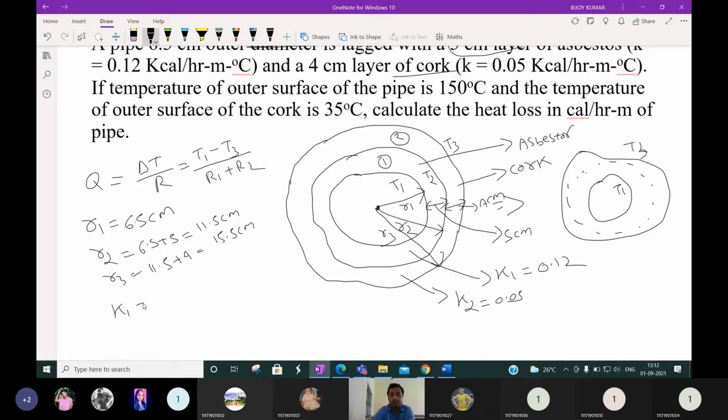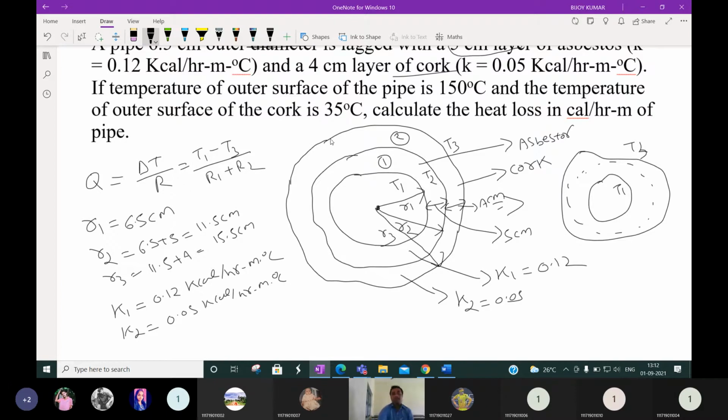Let us write here. K1 is equal to 0.12 kilocalorie per hour into meter into degree centigrade. K2 is equal to 0.05 kilocalorie per hour into meter into degree centigrade.